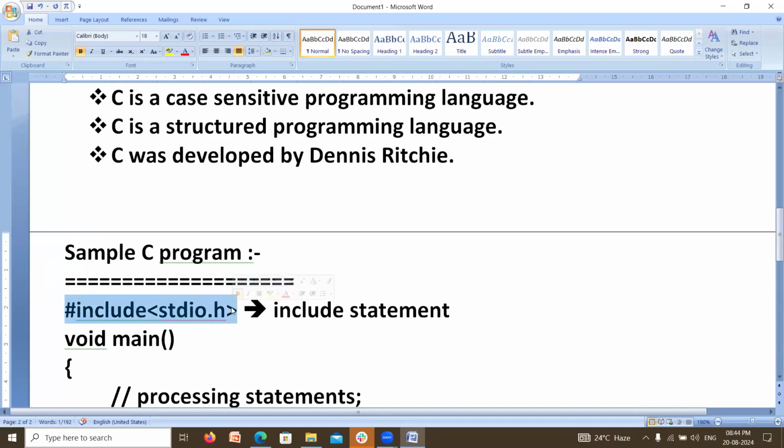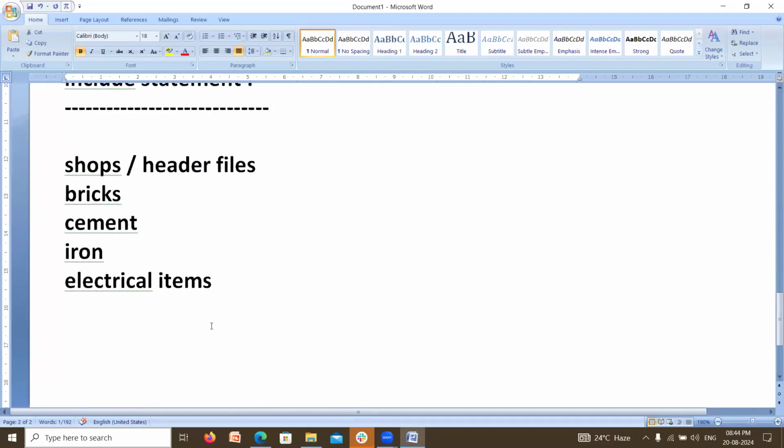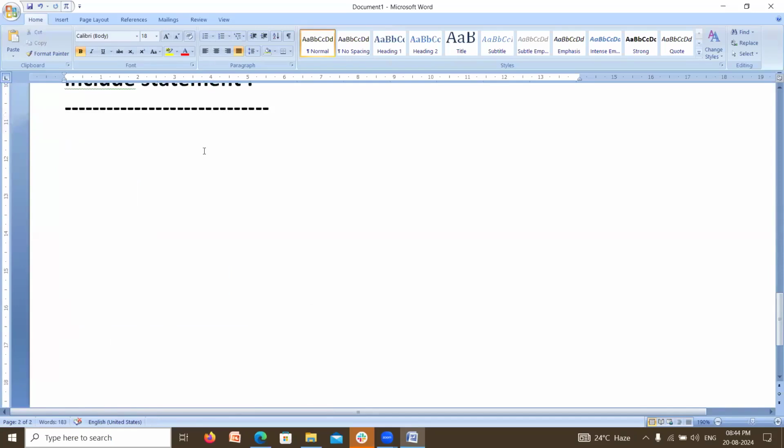To build your application, you need so many tools. Those tools are already developed and kept in header files. We need to copy the content of the header file into your program and use them. For that, we are writing this line of code. Got it? What is hash include stdio.h? Why do we need to write it? Got it or not?